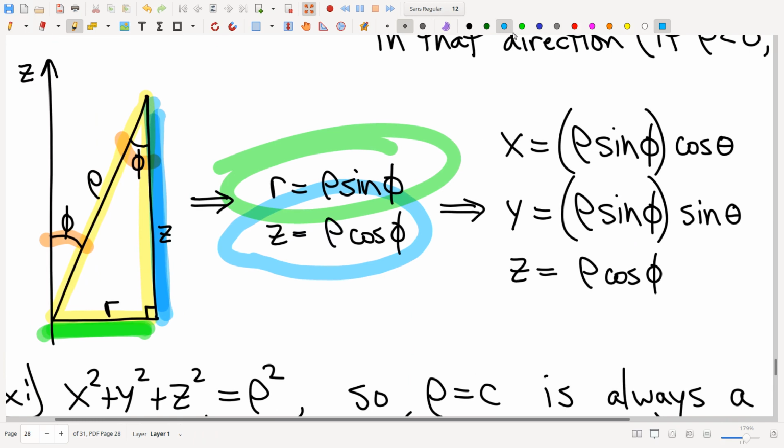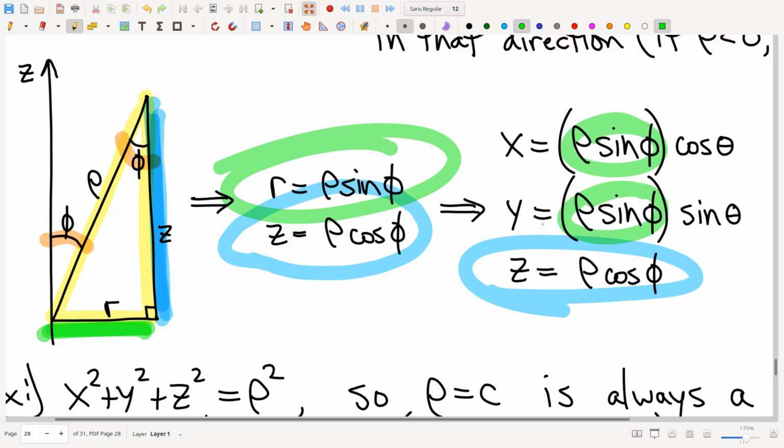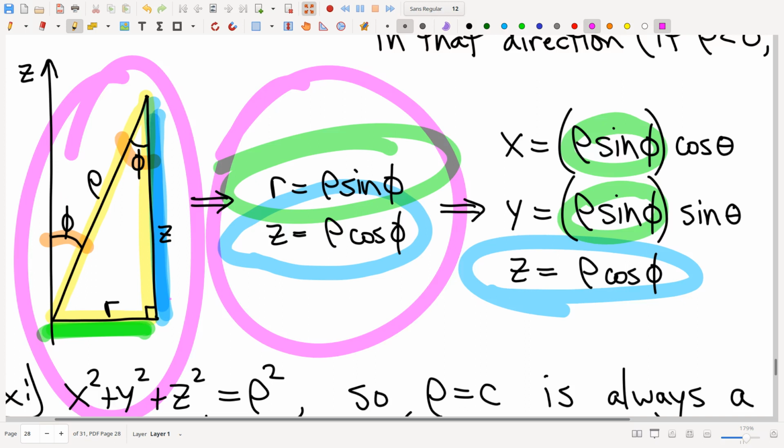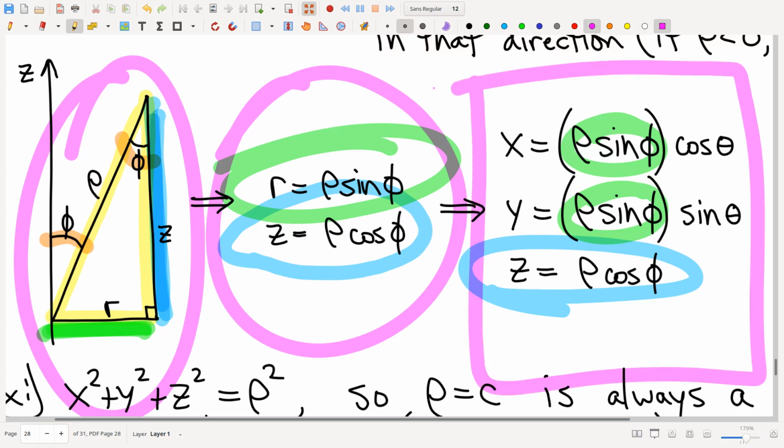After all, z is one of our rectangular coordinates, done, right? And r is part of what I already know about x and y. I already know that x is r cosine theta and that y is r sine theta, right? So, like I say, this one picture and this easy trig pretty much immediately gives me my spherical conversion formulas.